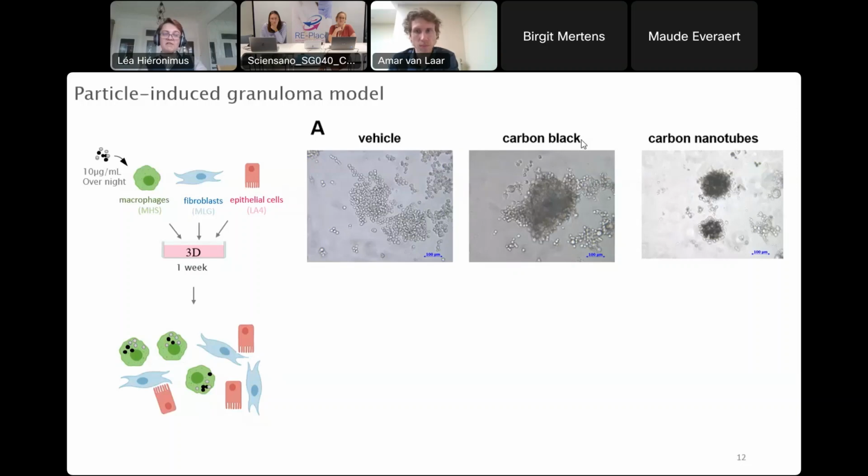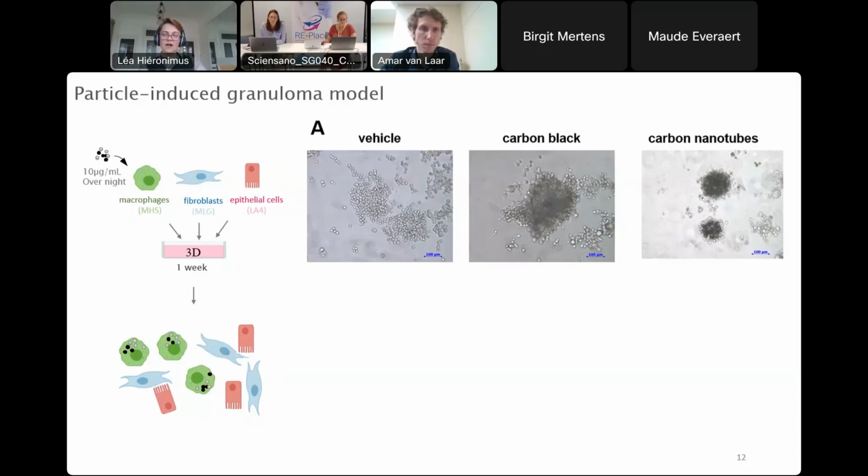When macrophages have been exposed overnight to carbon black, which is not granuloma inducing, there's no clear difference, or it's hard to tell. When macrophages have been exposed to granuloma inducing carbon nanotubes, the cells are more organized, the aggregation is more compact. Maybe there are some layers, but I agree it's difficult to tell.